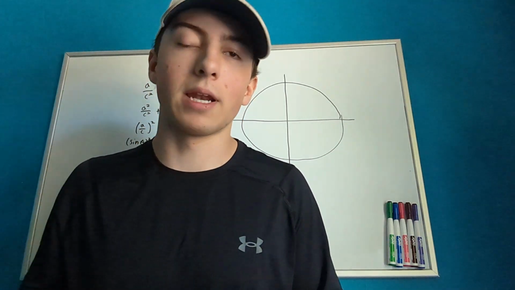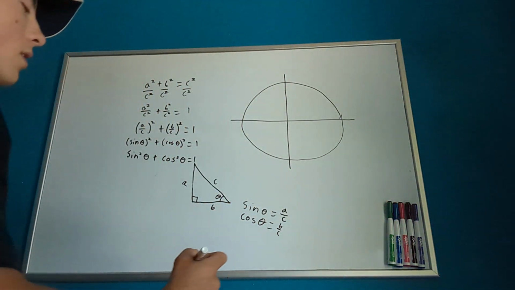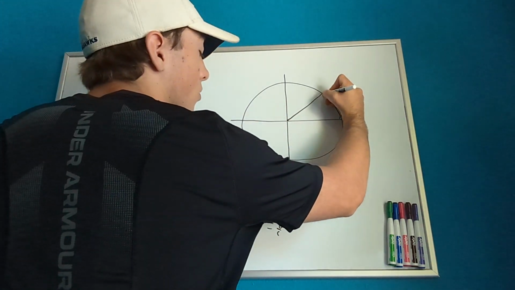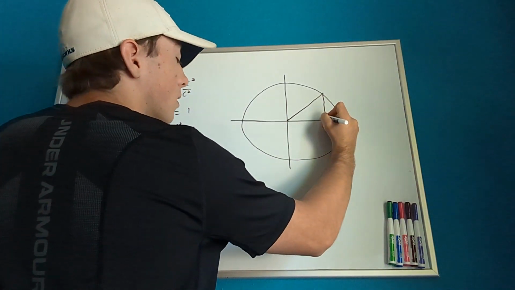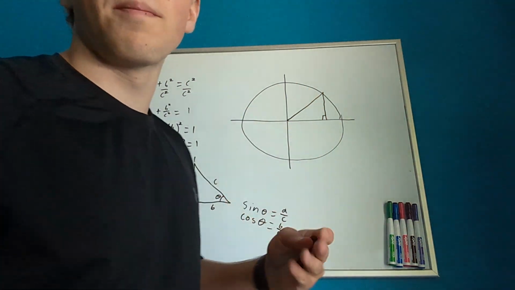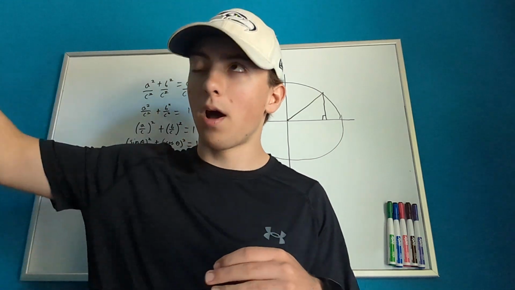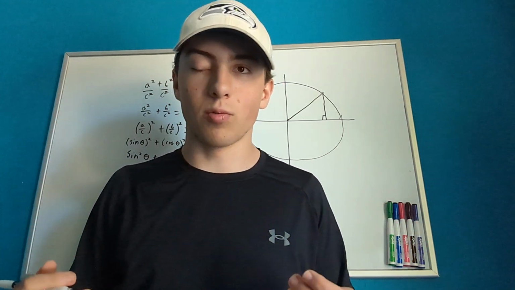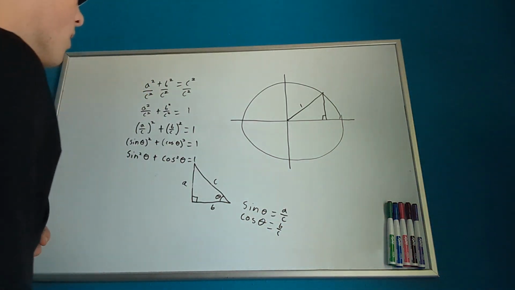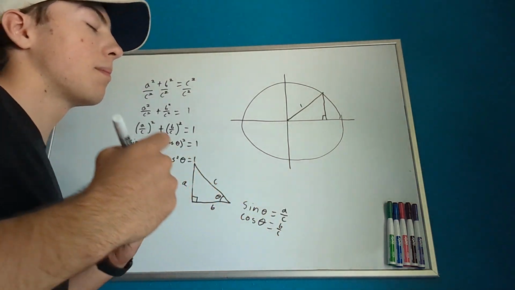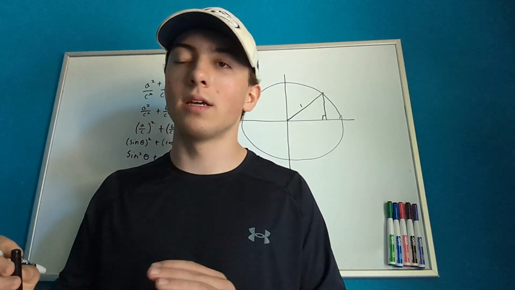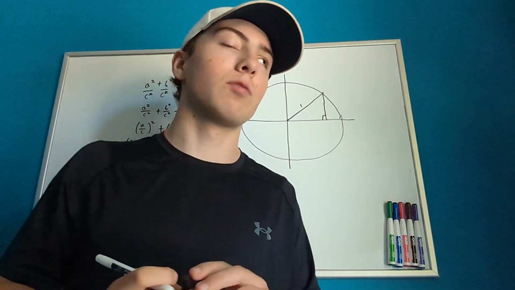Now, another way to think about it is off the unit circle. If we have some line going off the unit circle, and we have a right triangle, we have our point up here and our hypotenuse. By definition of the unit circle, our hypotenuse, which is our radius, is going to be 1. And if you remember, maybe you watched my unit circle video, sine is equal to y, and cosine is equal to x.